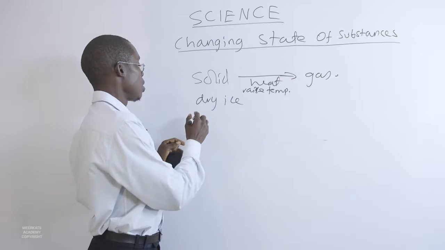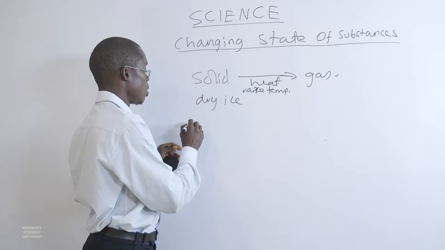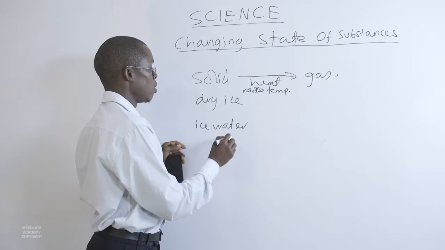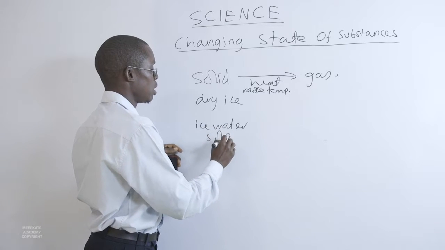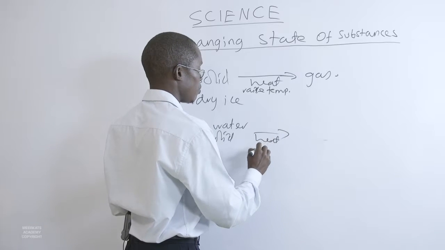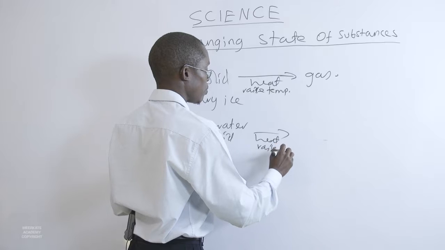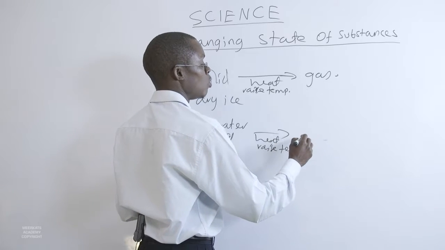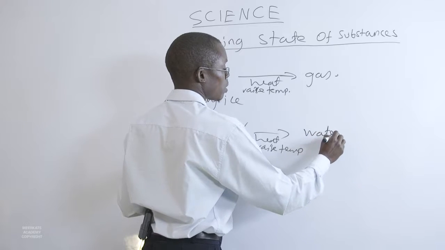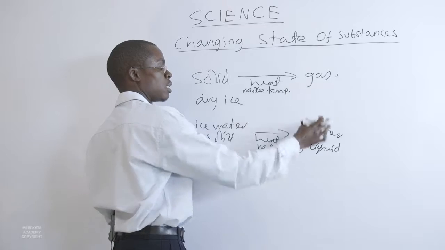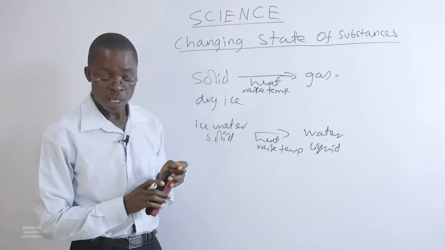The same as when you are talking about ice from water, which is also solid, and when you heat or raise the temperature, it now goes to water. And here water, we are talking about a liquid. Here is a gas and this is a liquid.